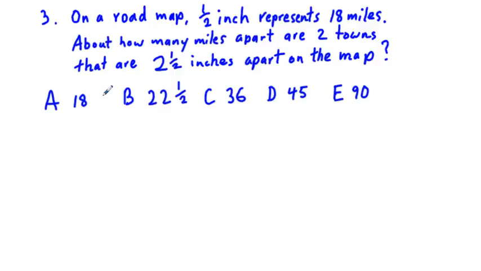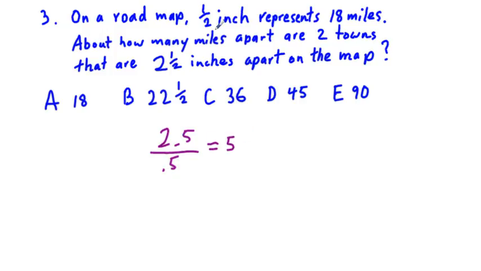Problem 3, on a road trip, 1/2 inch represents 18 miles. About how many miles apart are two towns that are 2.5 inches apart on the map? Well, what you're looking for is how many times will 1/2 or 0.5 go into 2.5? When you do the math, 2.5 divided by 0.5 is going to be 5.